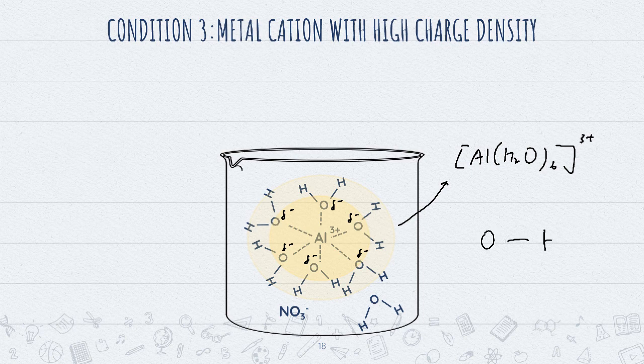To put things into perspective, suppose we have this OH bond which is found in water molecules. We know that the oxygen in water molecules has a delta minus charge, and the hydrogen has a delta plus charge, and there's a dipole moment formed already.